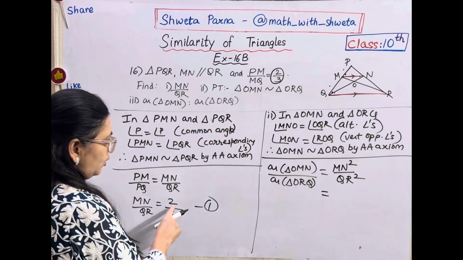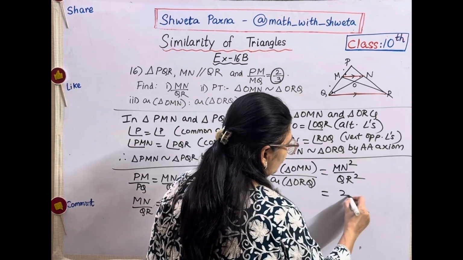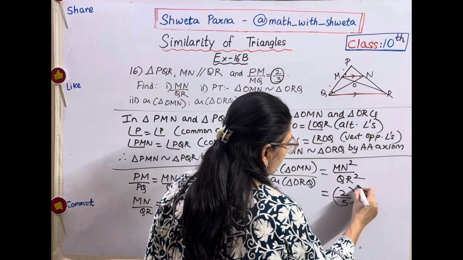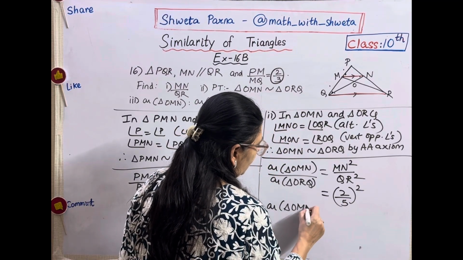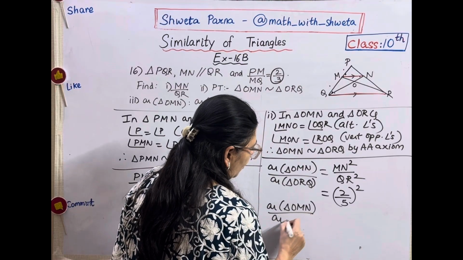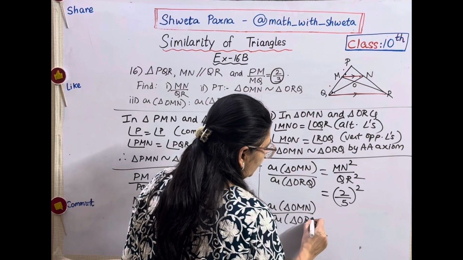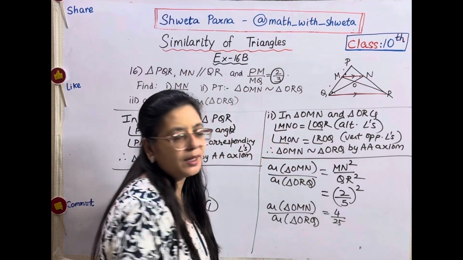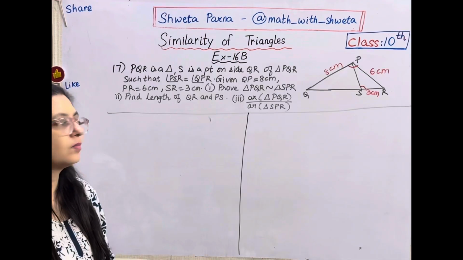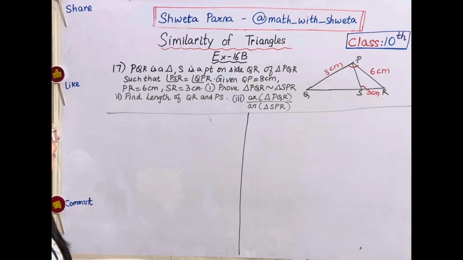You already found out, it is 2 upon 5. So 2 upon 5 the whole square. So area of triangle OMN upon area of triangle ORQ is equal to 4 upon 25. This is your answer.